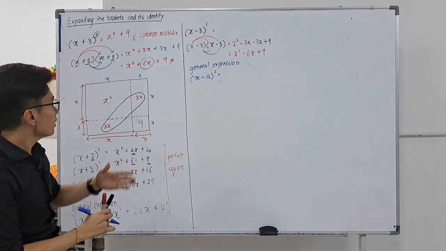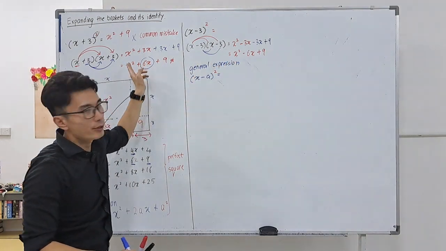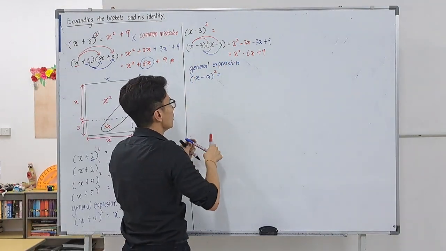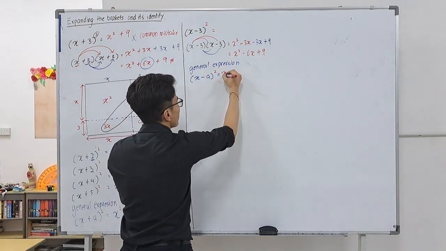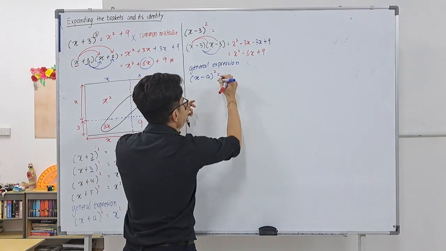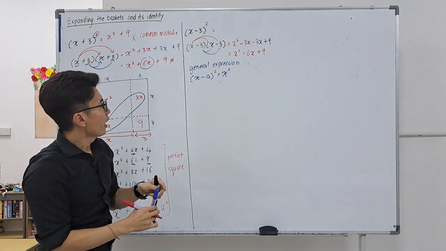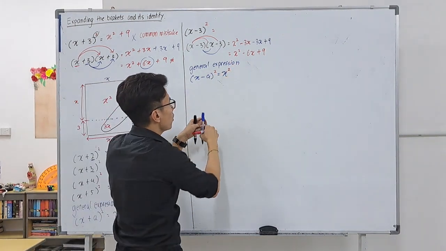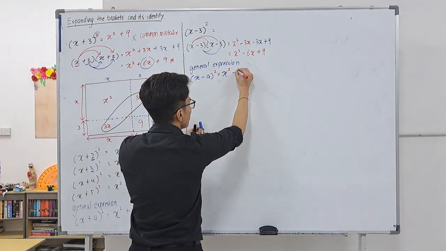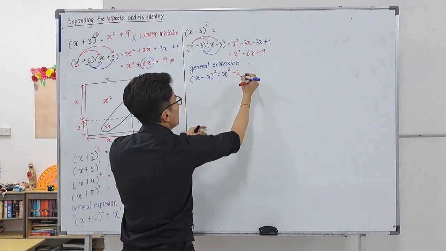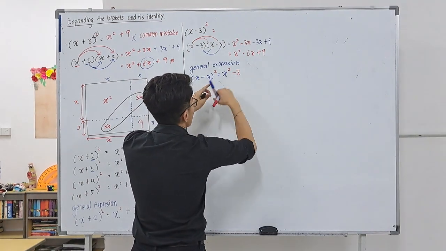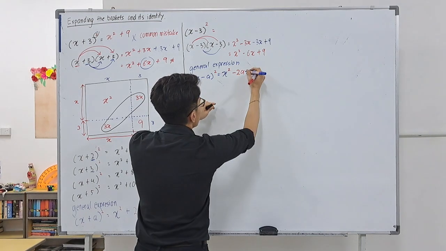Okay, so again, we have already shown that this is very similar. So for the first term, we should get x squared, okay? And then the second term will always give you a negative 2, in this case, that's going to be negative 2ax.